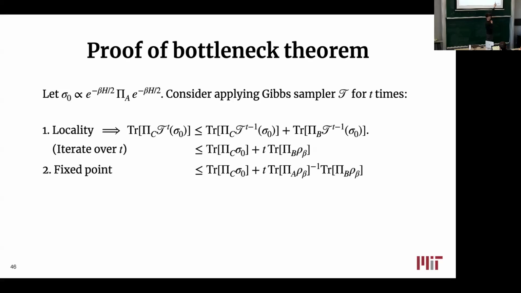In the first line, we have this map applied to t minus 1 times. I'm just saying that the map applied to t minus 1 times, for any t, is going to be less than or equal to trace of I, then the map applied to rho beta.